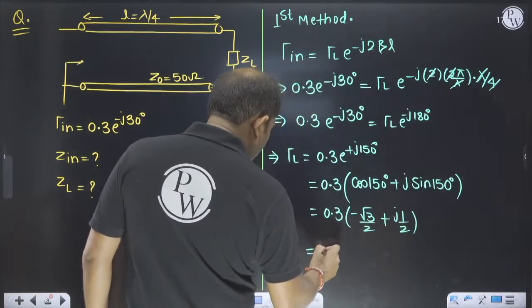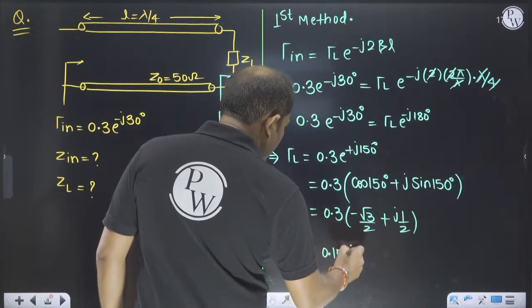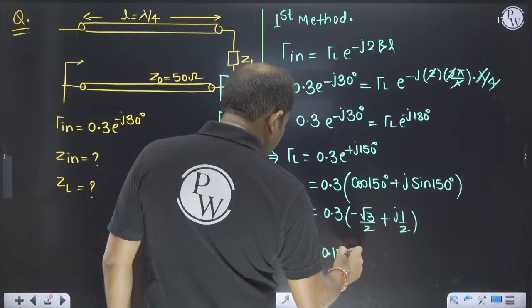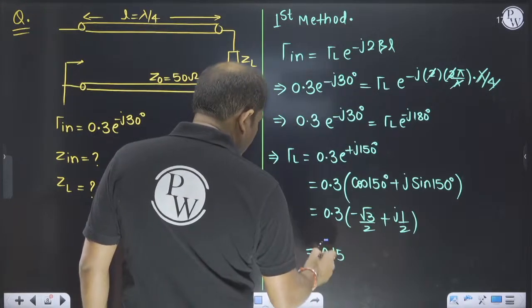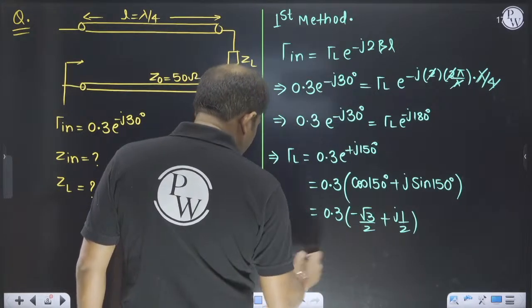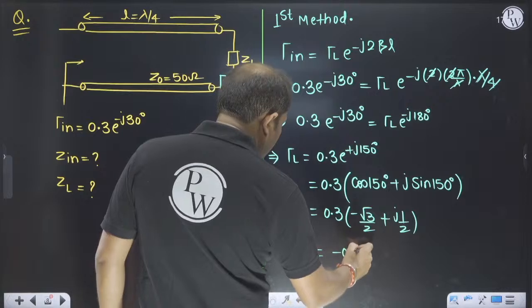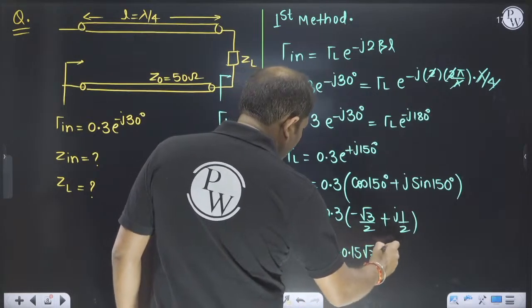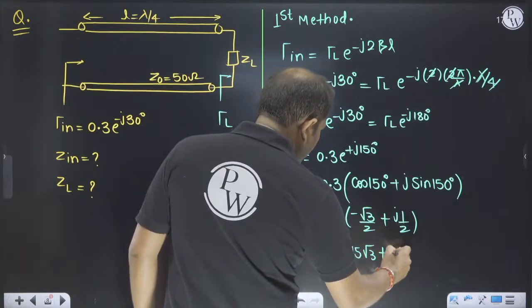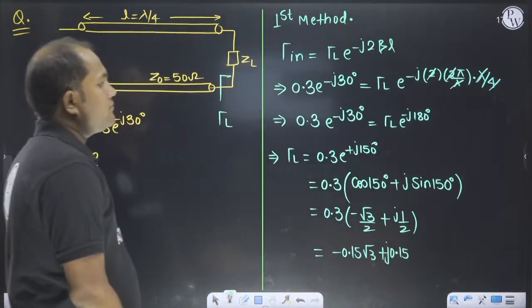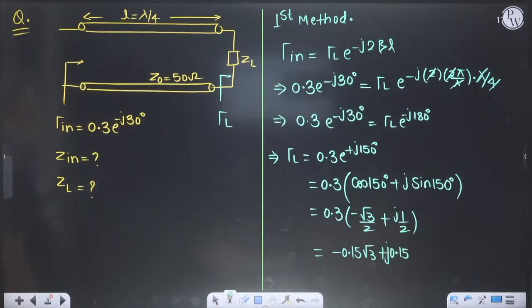So it will be 0.15, and minus root 3 by 2, so 0.15 root 3 and 0.15 j.